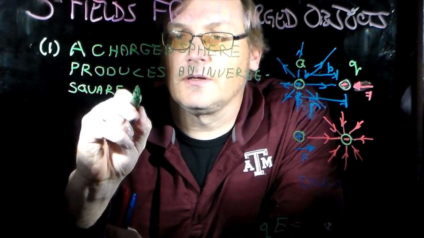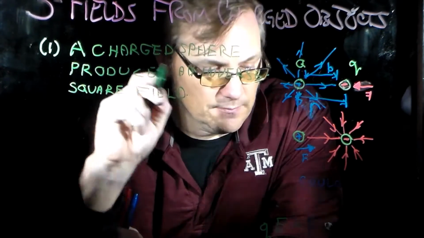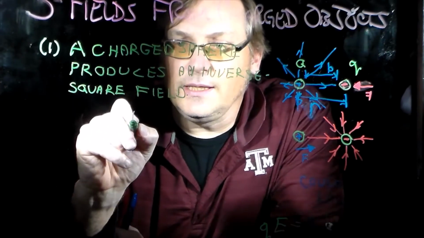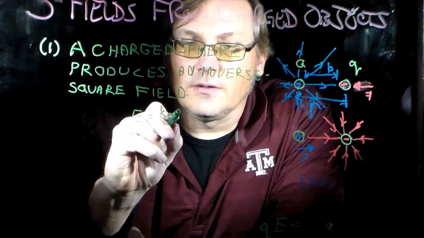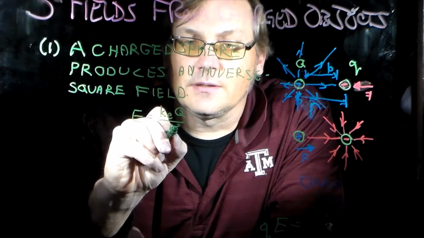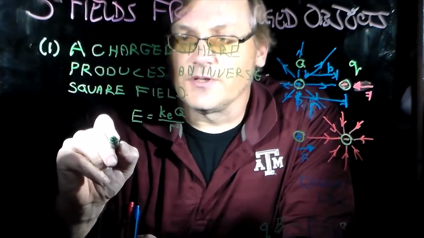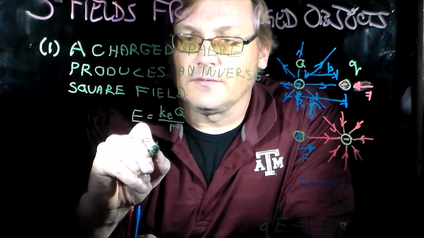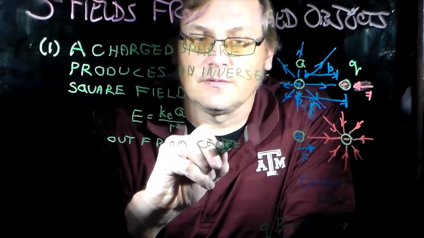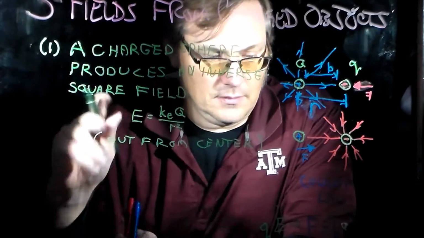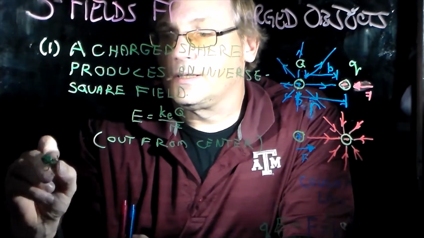This looks very much like Newton's law of universal gravitation. So E is equal to Ke Q over r squared, and it's going out from the center. That's the direction. Now that's the exterior field.